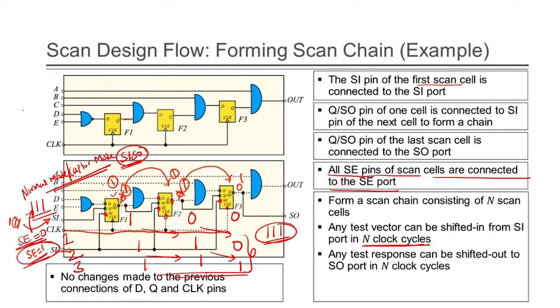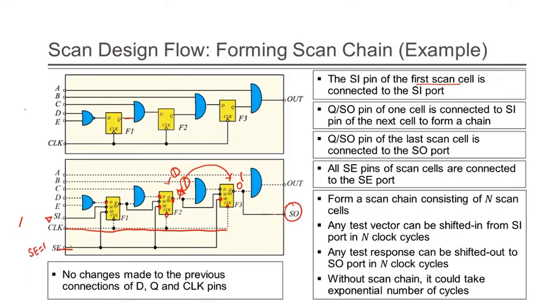Here 3 bits are there, so they can be shifted in 3 clock cycles. Suppose n scan cells are there, they can be shifted using n clock cycles. Any test response can be shifted out to the SO pin in n clock cycles. So like this we can give the scan design.